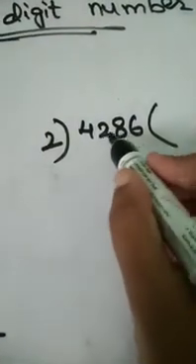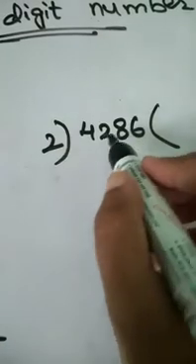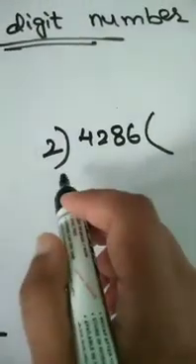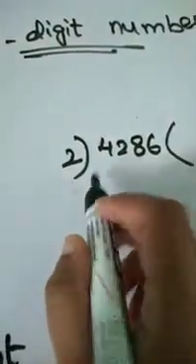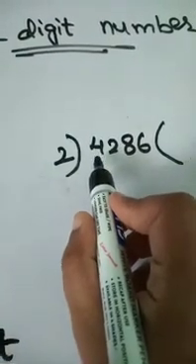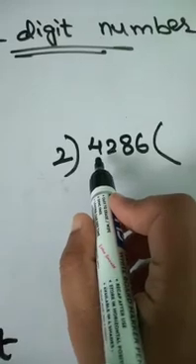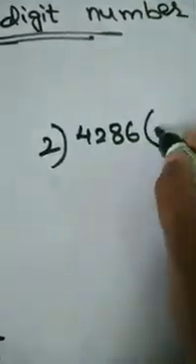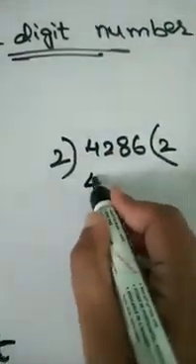Ones, tens, hundreds, thousands. So 4286 divided by 2. We always start from the first digit. The first digit is 4. In the 2 table, 4 will come. Yes, 2 twos are 4.